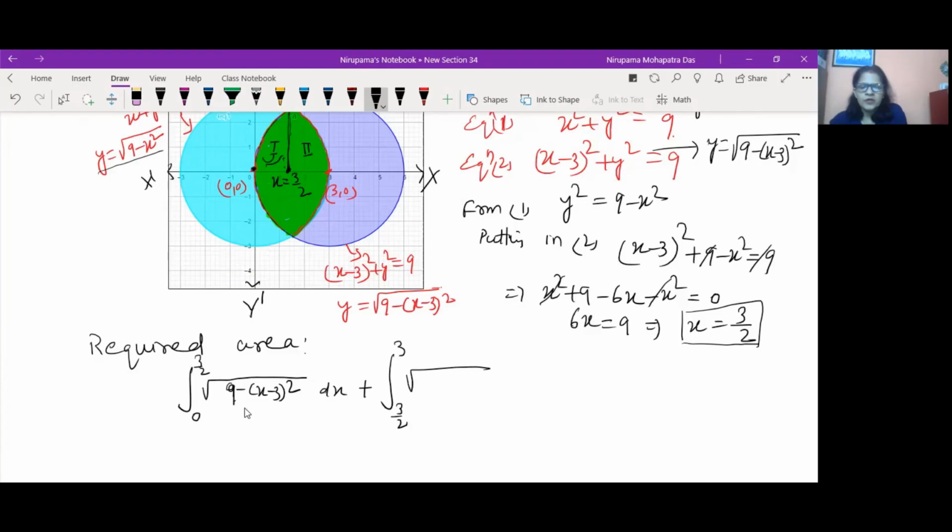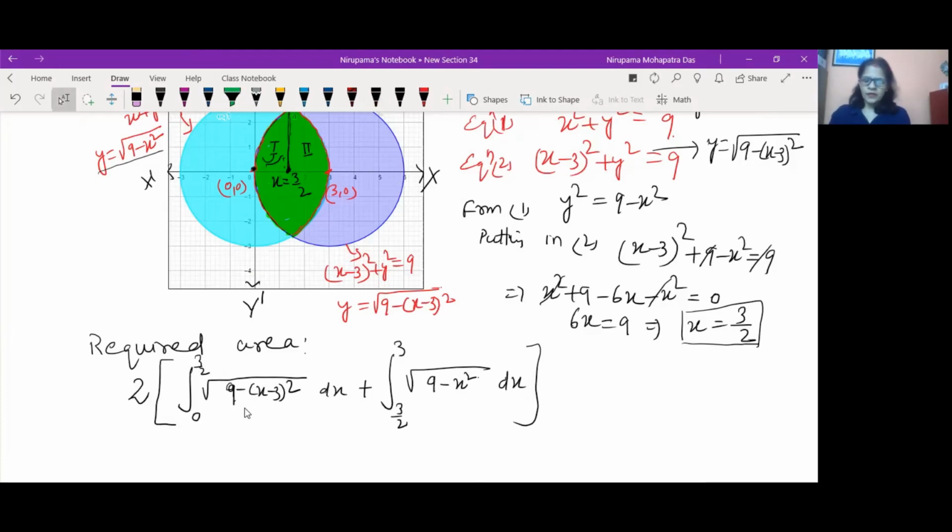The circle representing under root 9 minus x square. Okay, so this is the area of the portion above x axis. So required area has to be multiplied by 2.